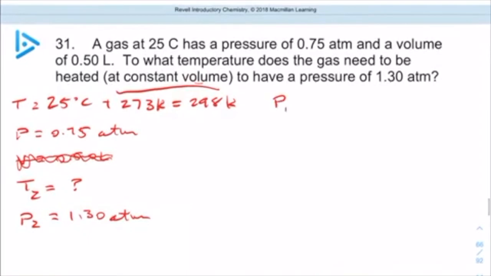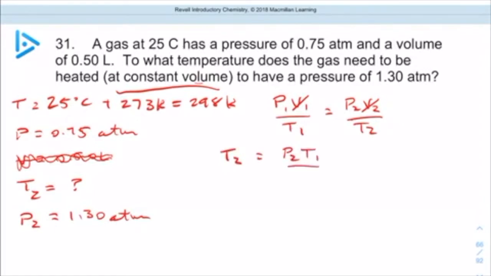So we would utilize the combined gas law: P1 V1 over T1 equals P2 V2 over T2, and since volume is constant, we just leave it out. And we're going to rearrange our equation to solve for T2.